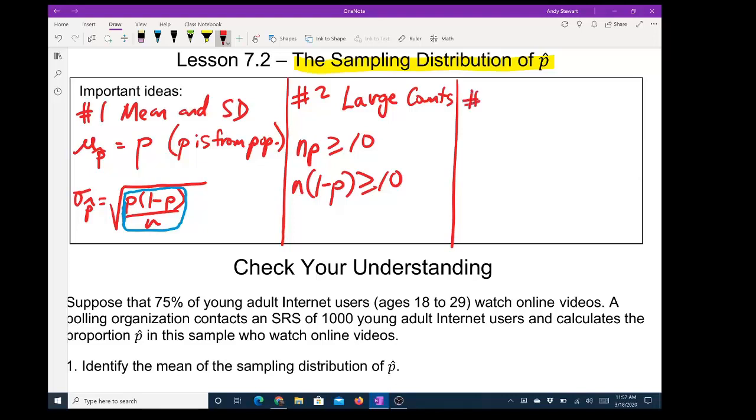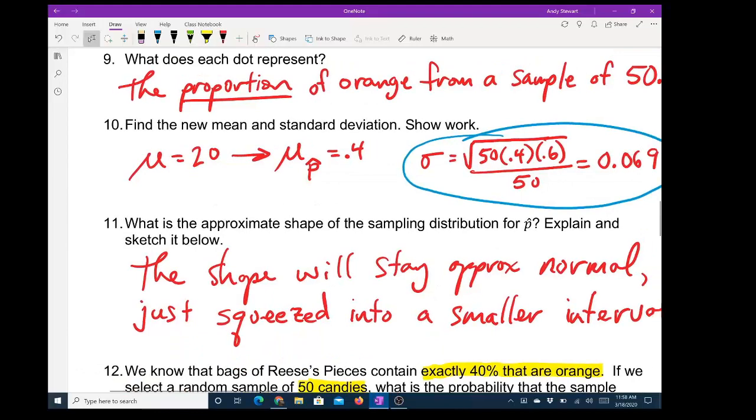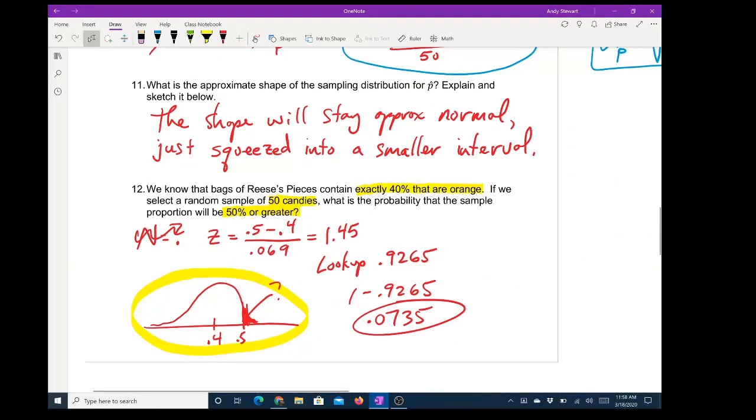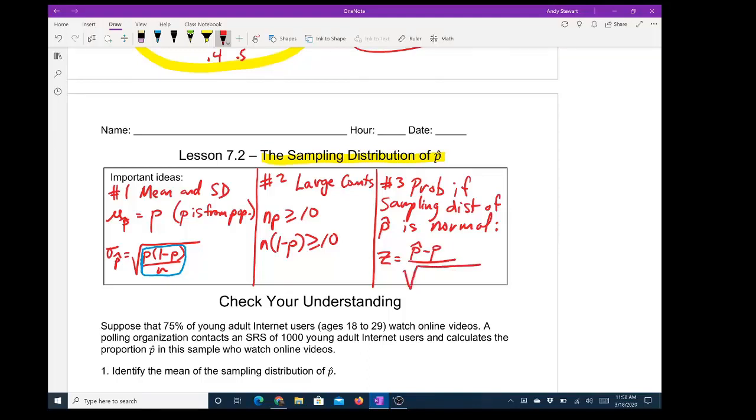And the last one, number three. If we take the process of this last problem and turn it into a single formula, it would look like this. If the sampling distribution of p hat is normal, you can get the z-score by doing p hat minus p, over the square root of p times 1 minus p over n.